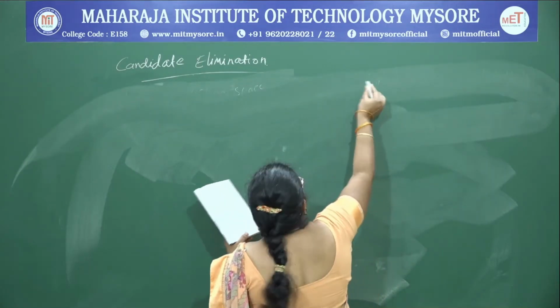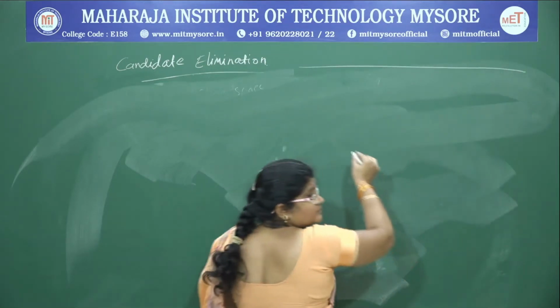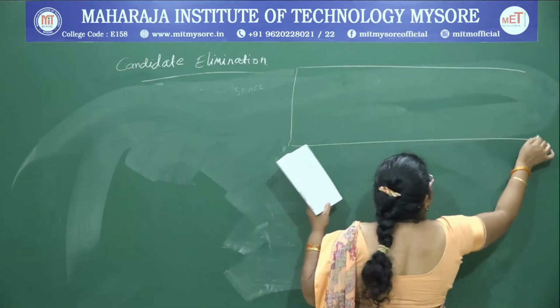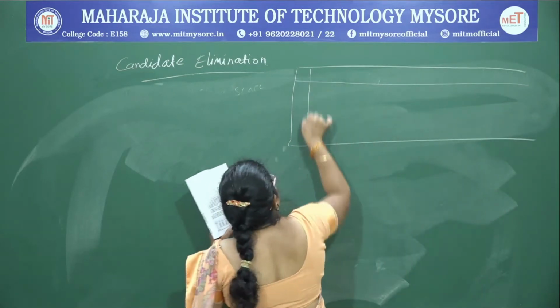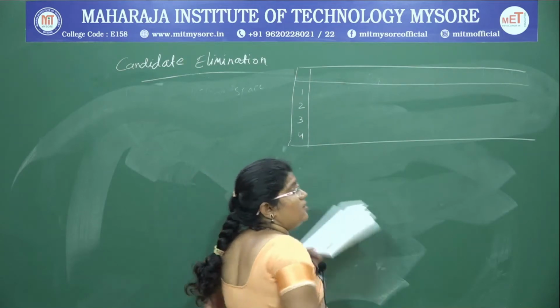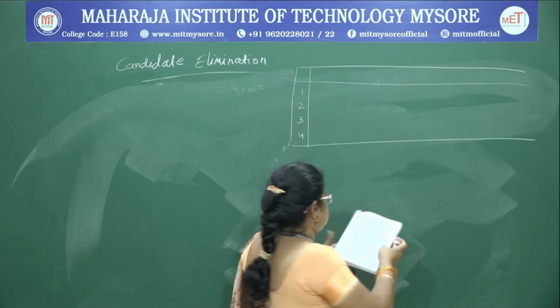So this is the table. In a previous class also we considered this table. The concept of this table is that Aldo wants to enjoy a water sport.